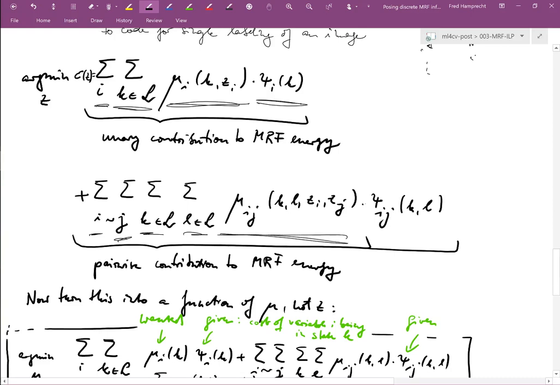And now I have these more complicated indicator variables that are 1 only if I and J are in state K and L. And this is multiplied with the potential, with the cost of I being in K and J being in state L.